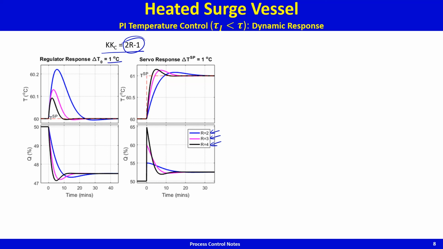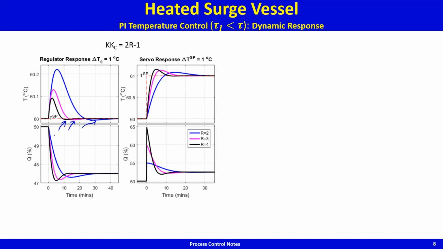If you had taken no control, the output temperature would have increased by 1 degree. Here with control, your temperature goes up and then returns. And this undershoot and overshoot is because of the sine part of the curve.